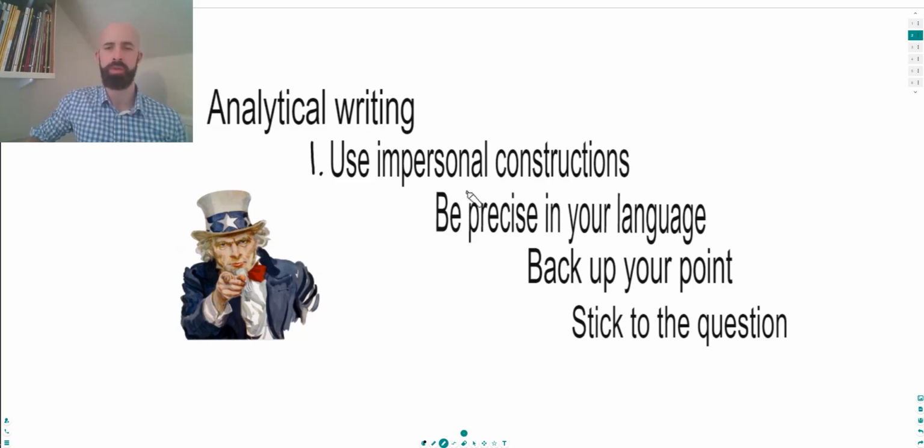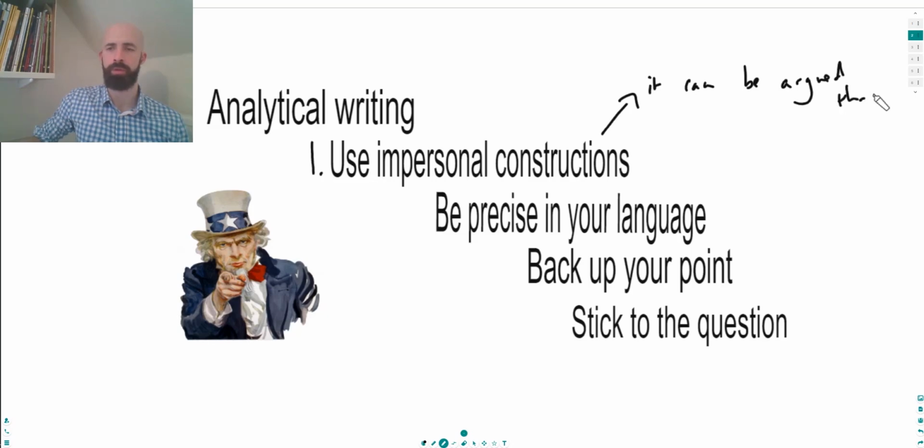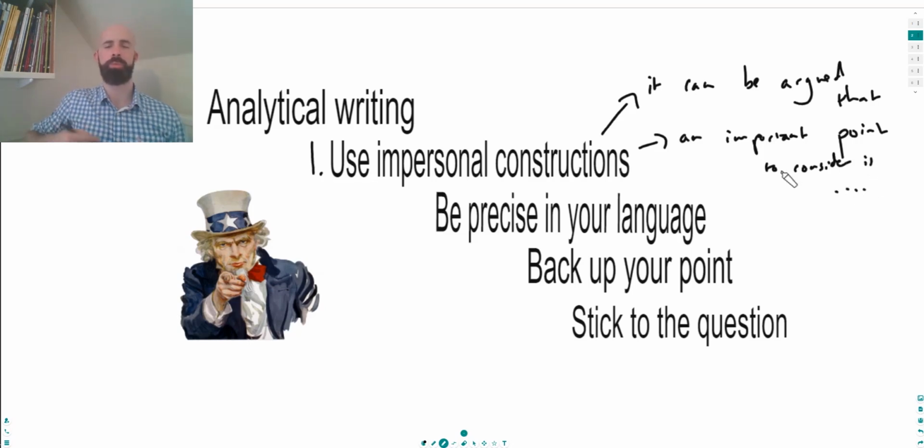The way you do this is you use impersonal language. So for example, it can be argued that, an important point to consider is... So we want to be using these types of constructions in impersonal language.